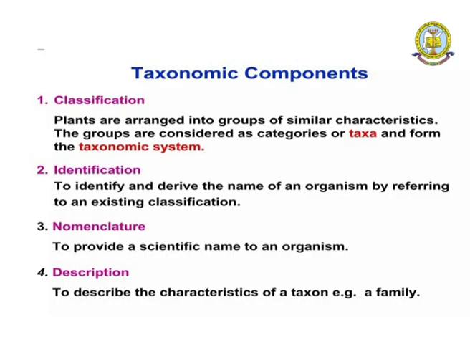After identification, we give it a name, that is nomenclature. Next is description. These are the three most important characters of taxonomy: identification, nomenclature and classification.